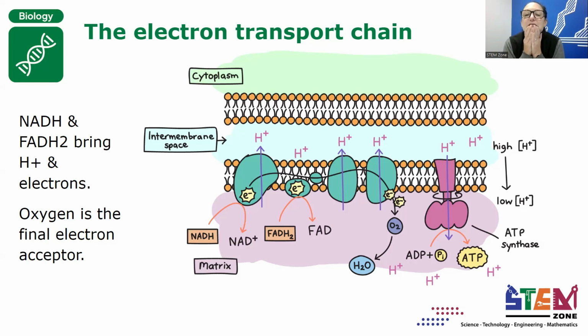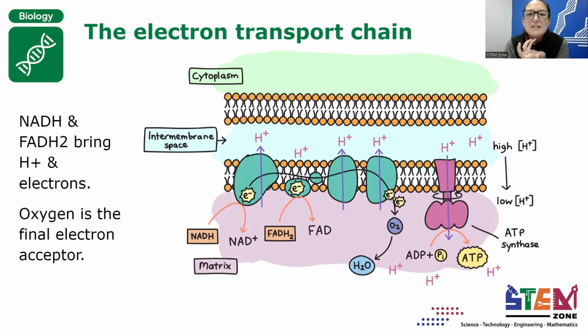Okay, so oxygen is the final electron acceptor, and in doing so, it forms water. But the main thing here that we're interested in is the fact that hydrogen is in a higher concentration in the intermembrane space. So for hydrogen to move, like molecules and atoms, they move towards equilibrium.